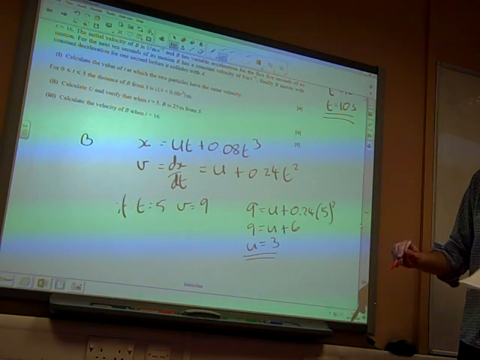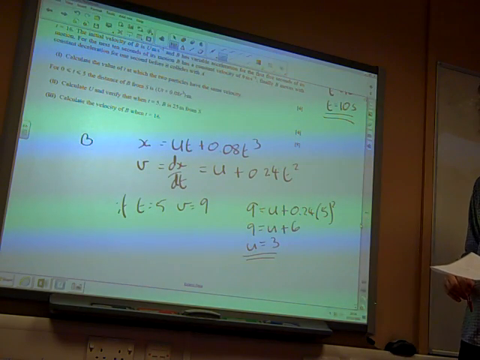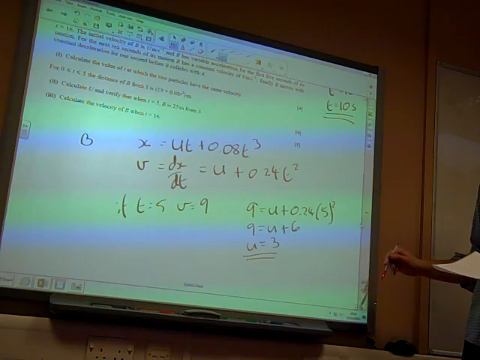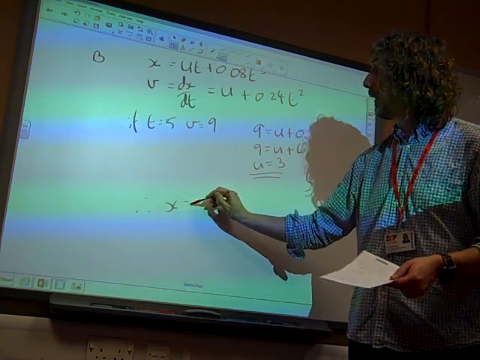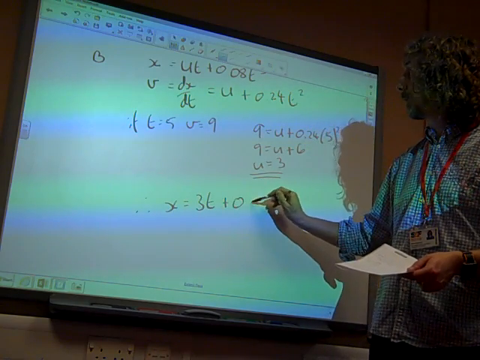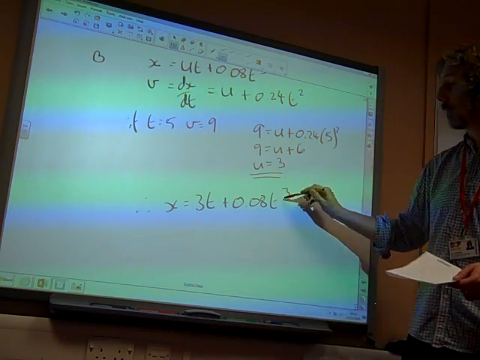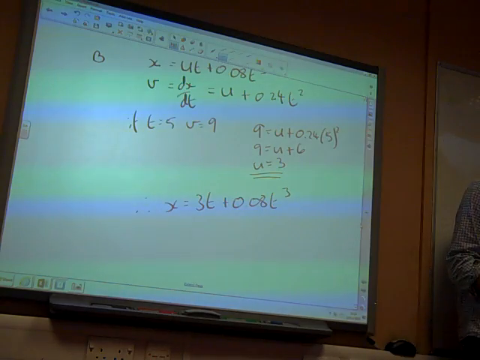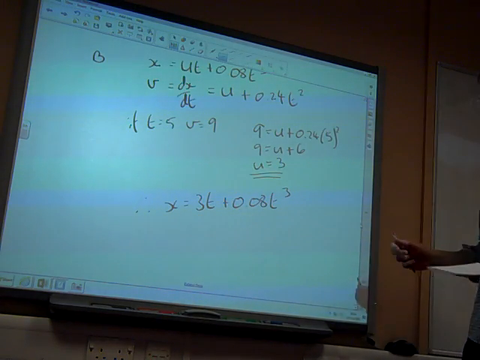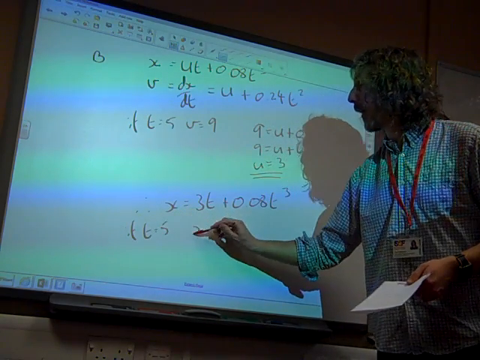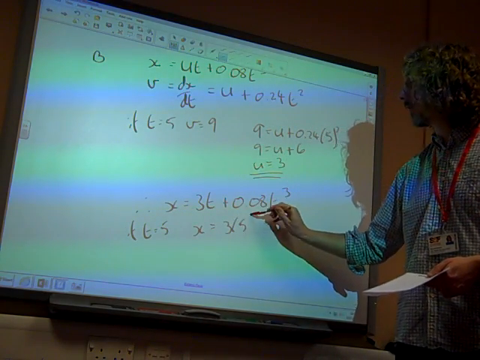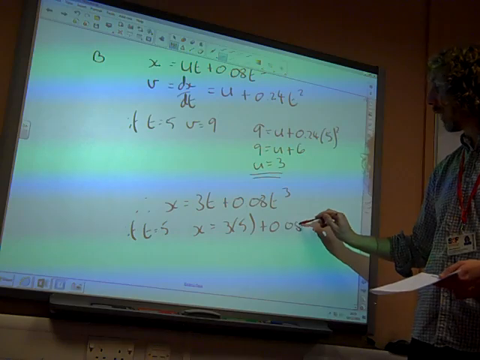And it also said, verify that when t is 5, x is 25 metres. So, if u is 3, that means x is 3t plus 0.08t cubed. And when time is 5, x is 3 times 5 plus 0.08 times 5 cubed.